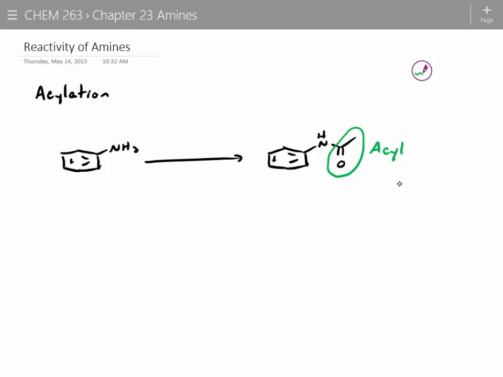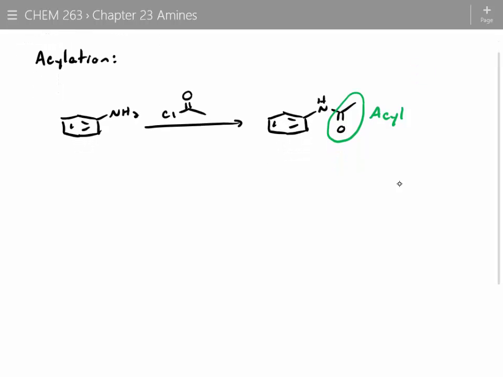Yeah, you could use an acid chloride, right? Or alternatively, we could use an anhydride as well. The acid chloride is going to be the most reactive reagent here, so we can just throw that out there. And the question is, why would we want to do this? Good question. It has some unique utilities that we didn't talk about.